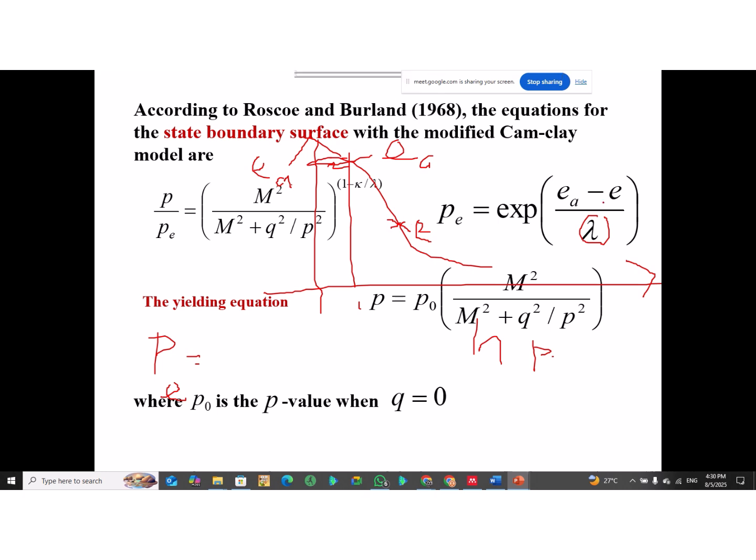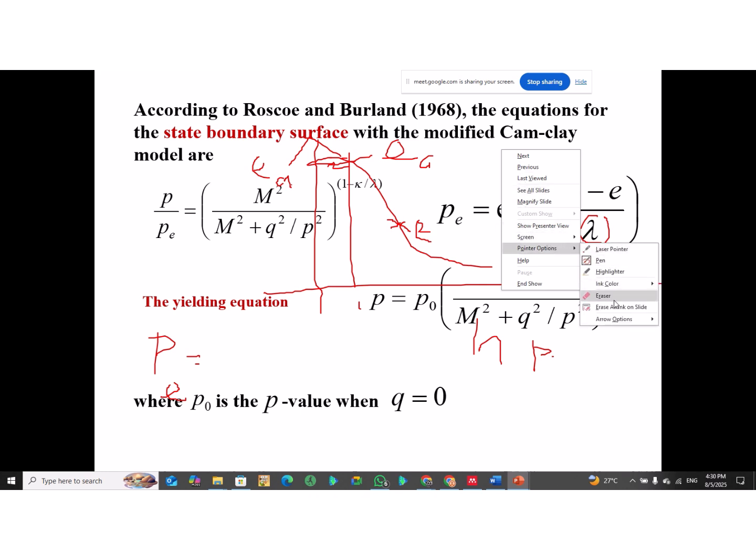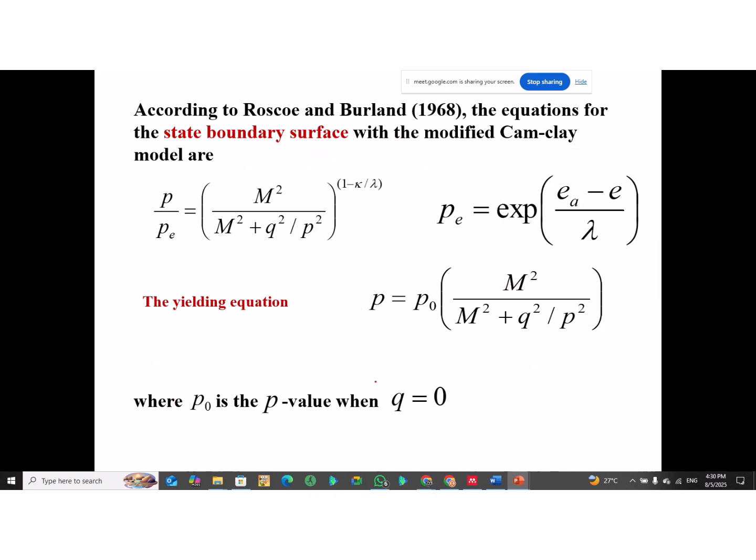So that is the point we're trying to demonstrate here. From here you can see the yield equation. You can rearrange it, because the yield equation is when the value is Q naught.